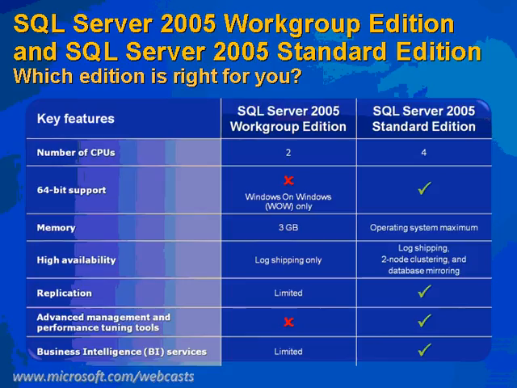That's a new high availability technology, very popular in SQL Server 2005, and I'll show you a demo of it briefly, how that works. Replication, we mentioned that it was limited in the Workgroup Edition. Replication services are fully available in the Standard Edition, so you can disperse your data and take advantage of some level of redundancy by deploying replication.